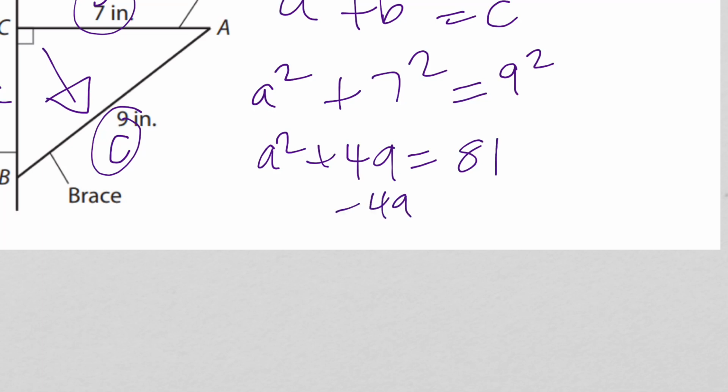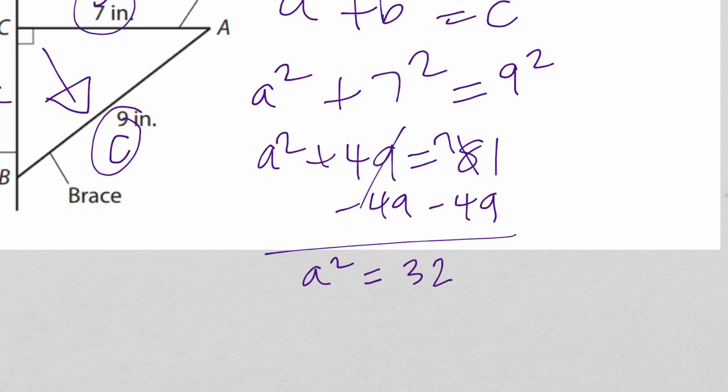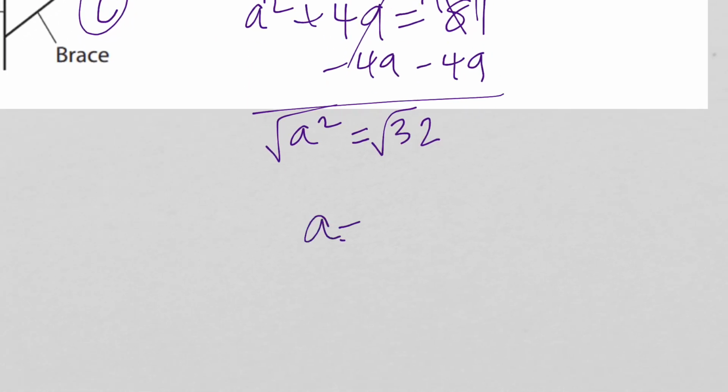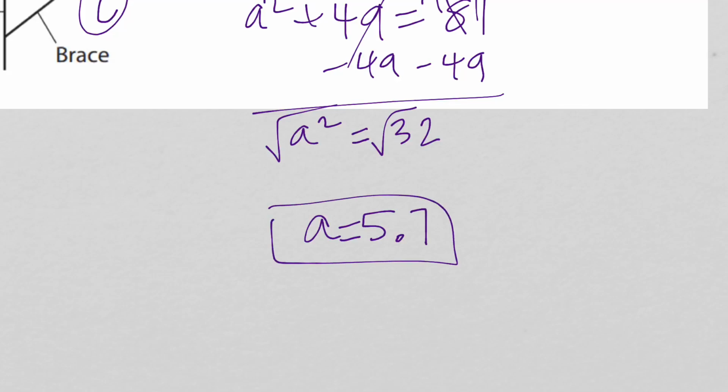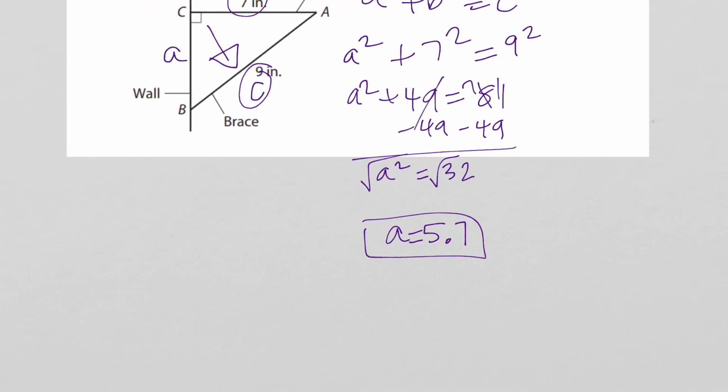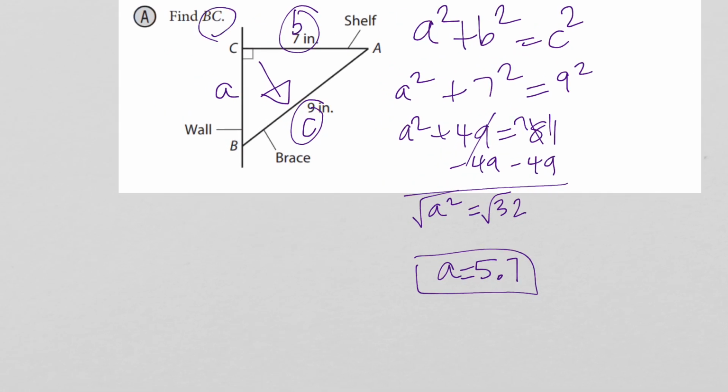When you subtract 49 from both sides of your equation, you get A squared is equal to 32. Then you take the square root of 32, and you should get approximately 5.7. So that's my answer for BC. BC is equal to 5.7 inches.